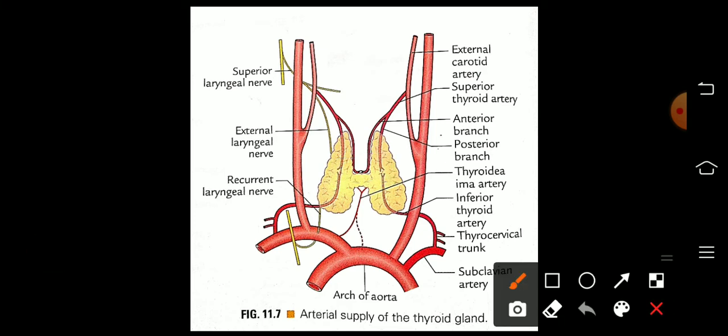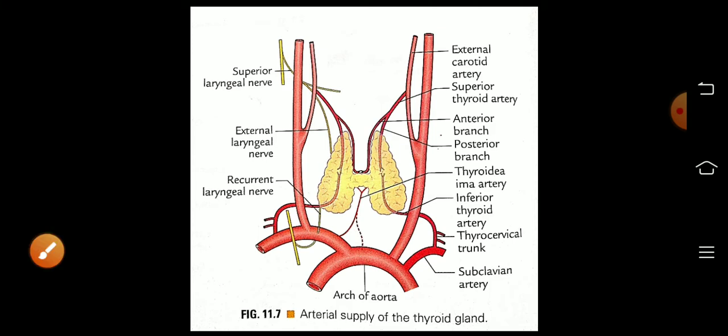Now we are going to see the posterior branch of the superior thyroid artery. The posterior branch also divides from the superior thyroid artery at the level of the apex of the thyroid lobe, and it goes along the posterior border, and it anastomoses with the inferior thyroid artery.